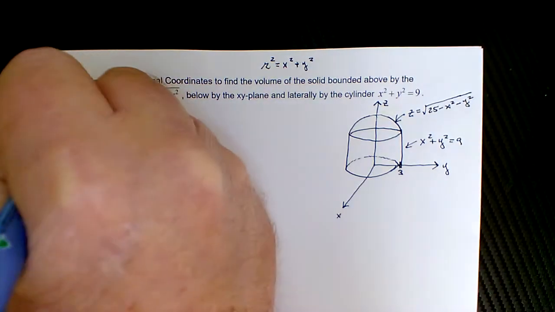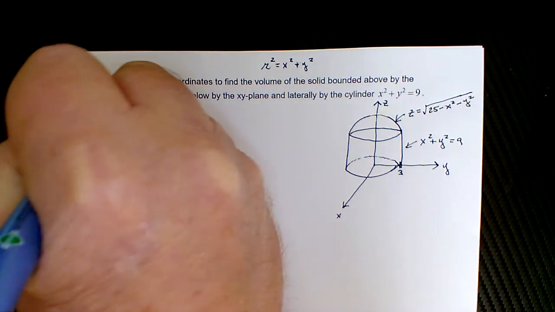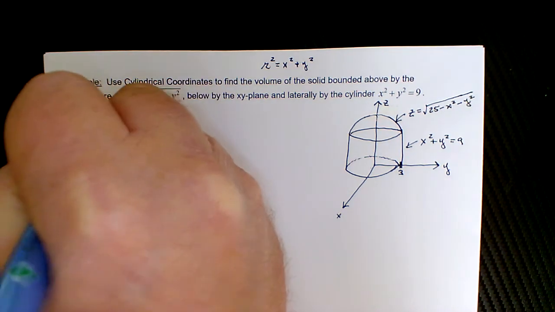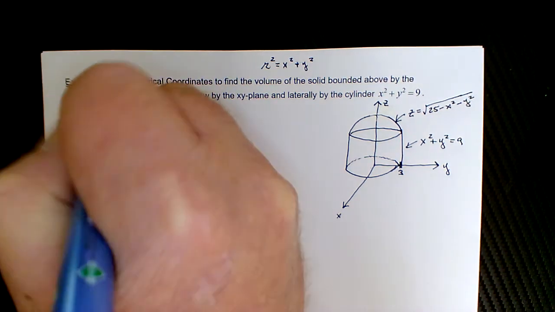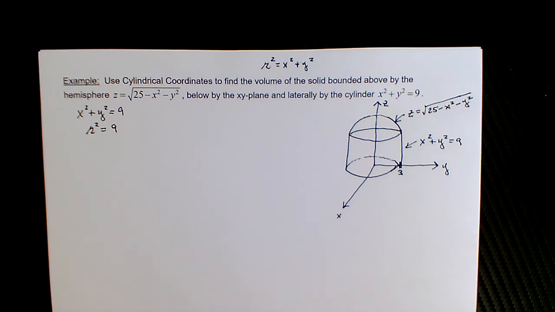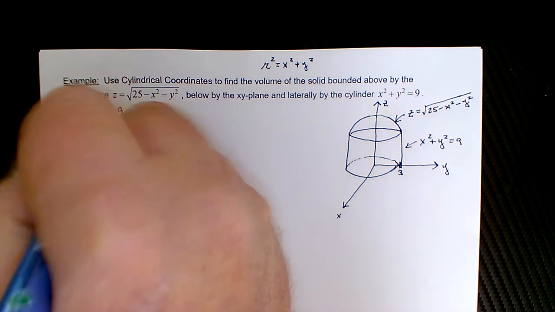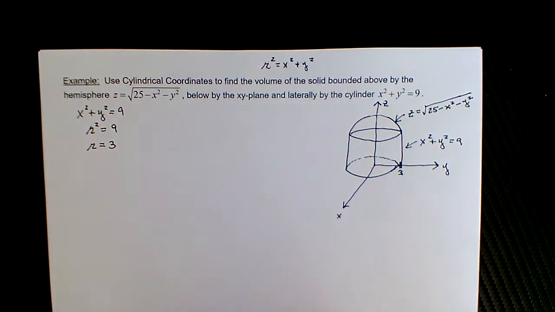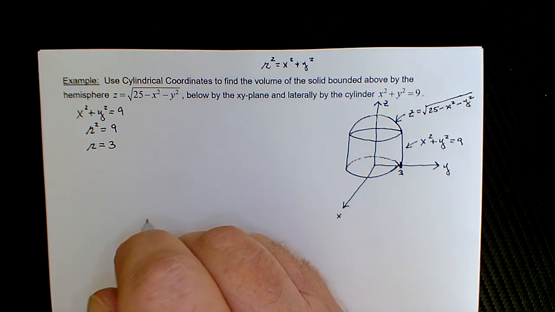So for example, for the cylinder x squared plus y squared equals 9, we can immediately replace x squared plus y squared by r squared, and so therefore the radius is going to be 3, and that's always positive, remember, because the angle determines where it is.